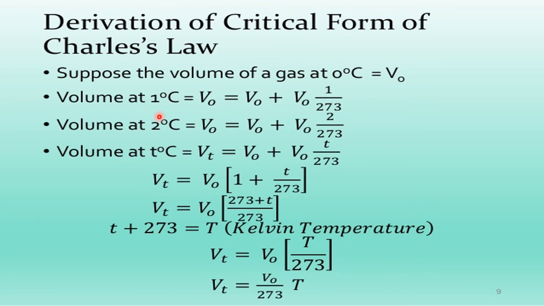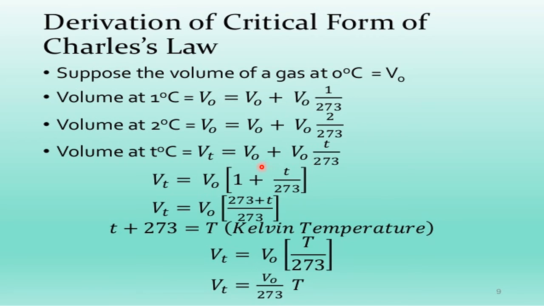In the same way you continue, 1 degree, 2 degree, 3 degree, and finally the volume at T degree centigrade, Vt, equals V naught plus V naught into T by 273. Let us simplify this.